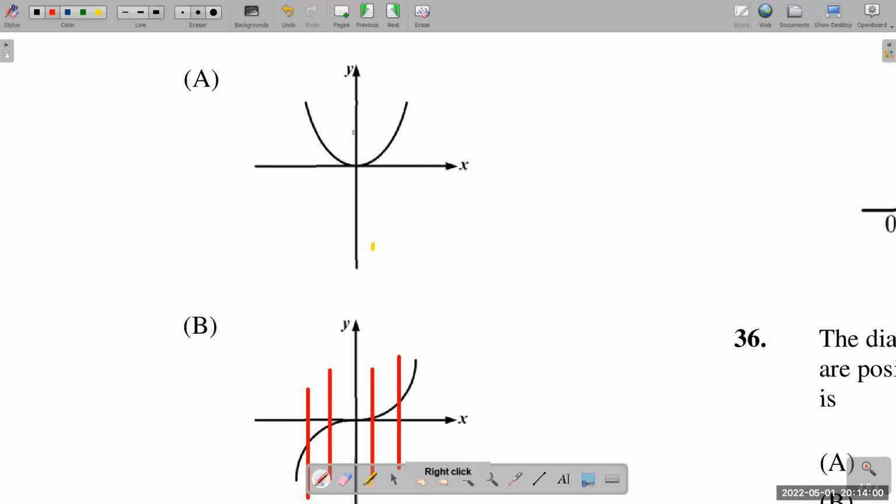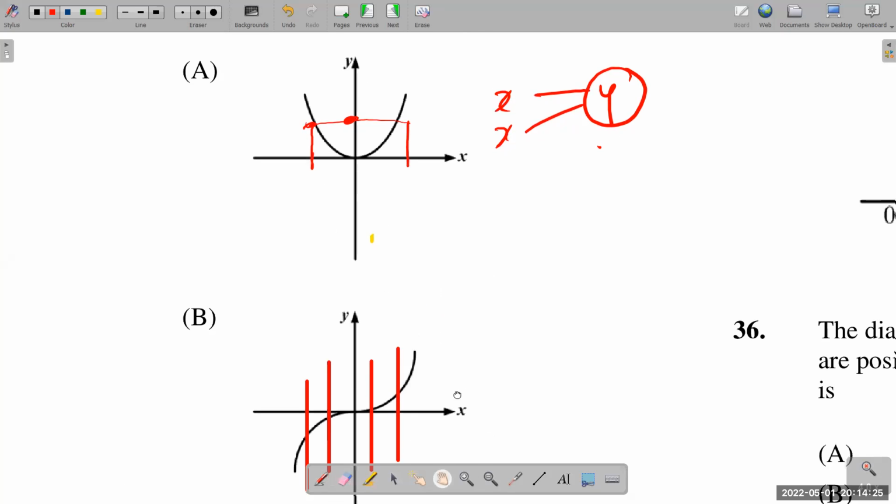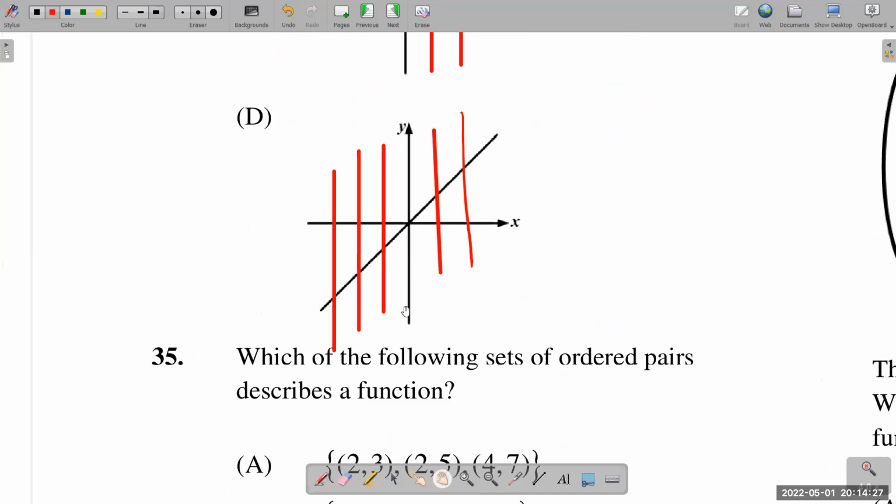Because at different x's, this is an x here and this is an x here, but both of them are at the same y. Many to one. So two x's go to the same y value, but it's still to one. Whereas this one is a one to one, one value to one value. That's why it's a straight line.